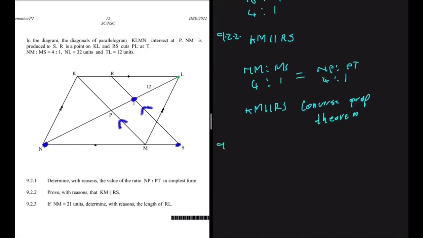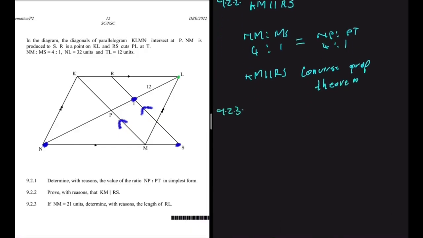And then now 9.2.3, if NM, so we have NM is equal to 21 units. Then let's determine with reasons the length of RL, right? So NM from here to here we have 21.